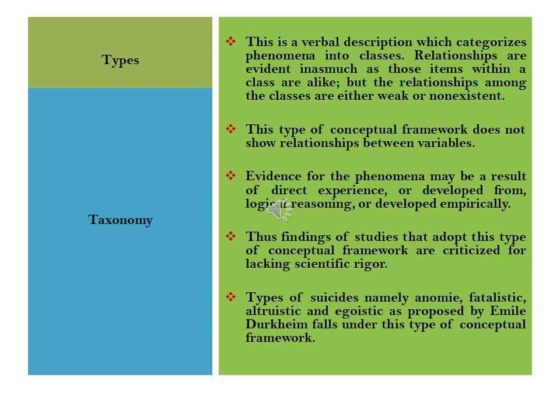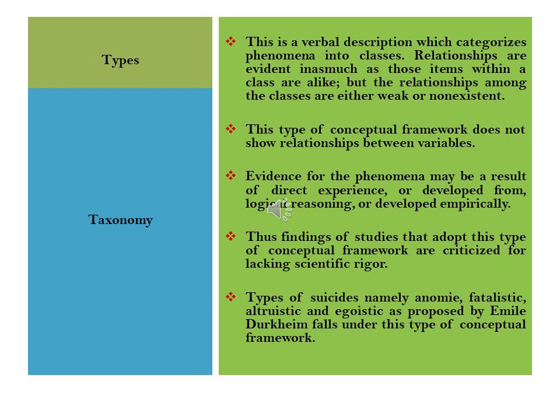And therefore, evidence for the phenomena that are presented under this type of conceptual framework result from direct experience, or they're developed from logical reasoning, or in some cases, they're developed from empirical studies. The findings of this type of conceptual framework are criticized generally for lacking scientific rigor.